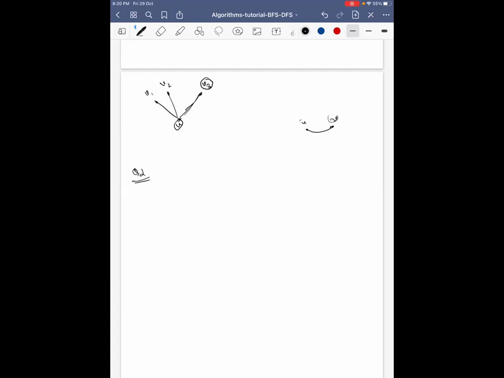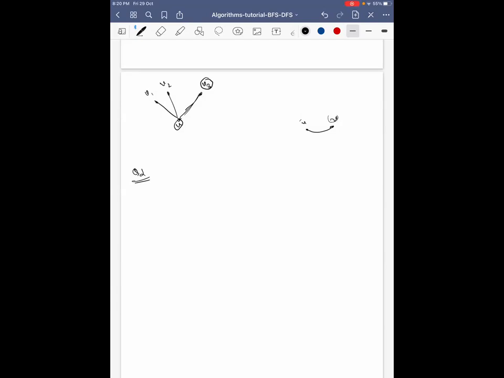Sir, could you please repeat? See, instead of working with the original graph G, what if we were to reverse the direction of every edge on the graph and then run BFS starting from the town hall?